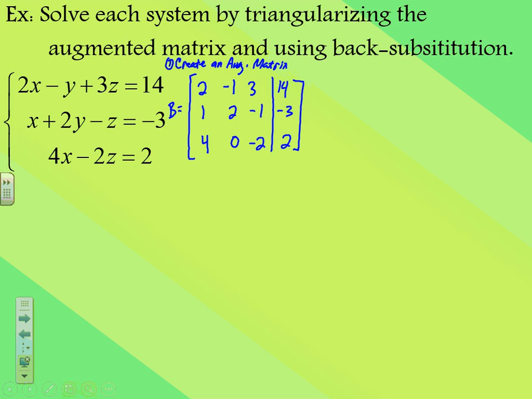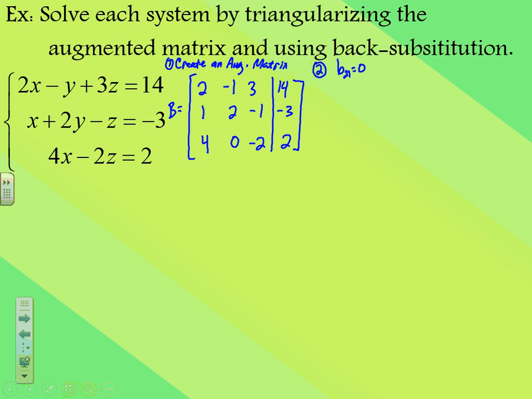Okay, now from the augmented matrix, the next thing that we're going to do is whatever is in row 2, column 1, we have to make it become 0. So that means this is where you have to identify, okay, row 2, column 1 is the value 1.